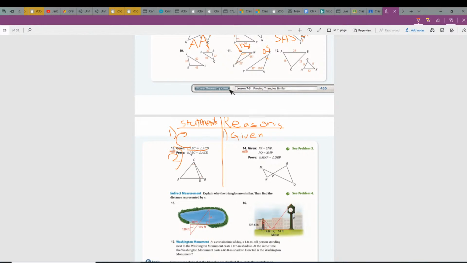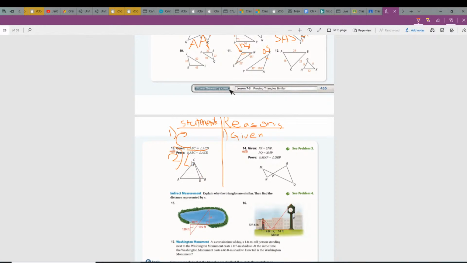So what we have here is angle ABC, which is this one, is congruent to angle ACD. And we want to prove that these triangles are similar. So let's go ahead and prove that. We have these two are congruent, and we also have this angle which they both share because they're right on top of each other.